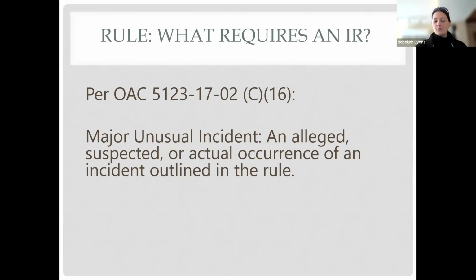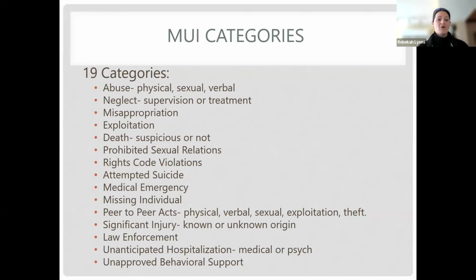There are 19 categories: abuse of all varieties, neglect, misappropriation or theft, exploitation, death, prohibited sexual relations, which is a consensual relationship between an individual and their staff that is prohibited, rights code violation, attempted suicide, medical emergency like CPR or something along those lines, Heimlich, missing individual, peer-to-peer acts, significant injury, law enforcement when our individual is charged, incarcerated, arrested, or tased, any unanticipated hospitalizations, and unapproved behavioral supports.